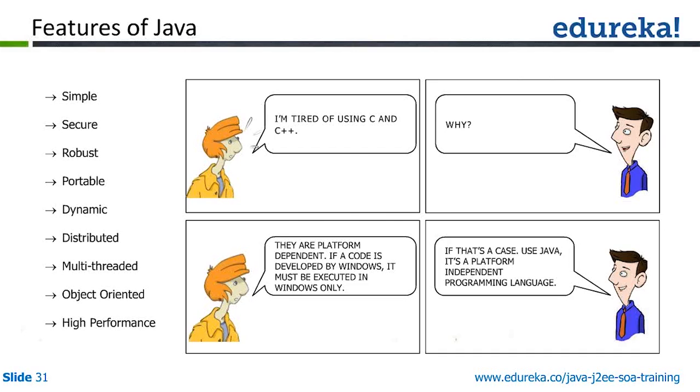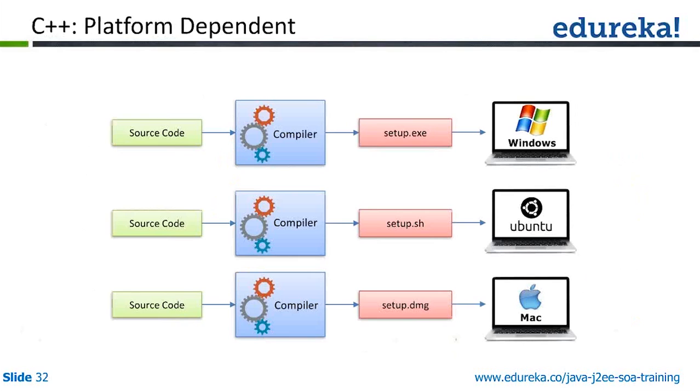Java from the very start is a community-driven open source language, and the intention was it could be used on any operating system. I'll come to each of the features separately in different slides.